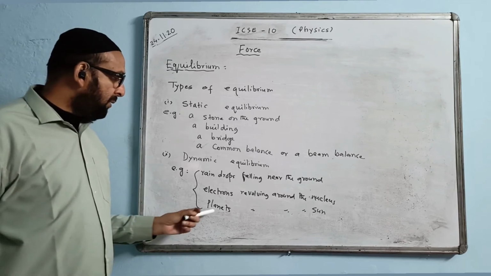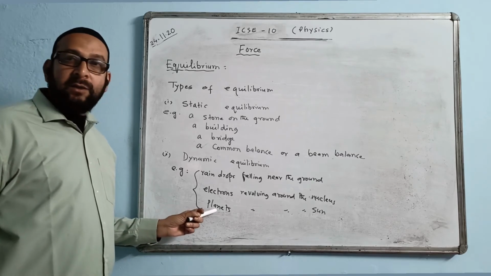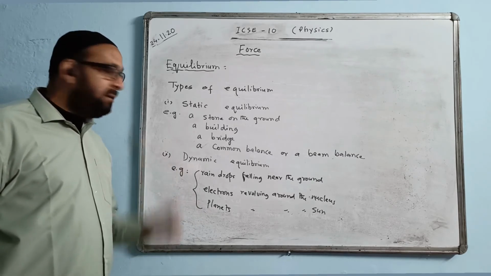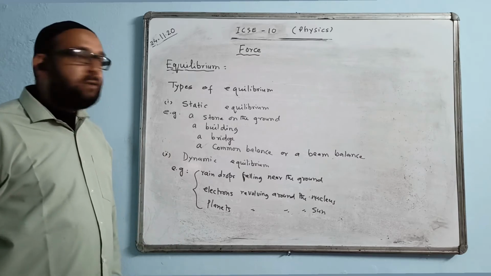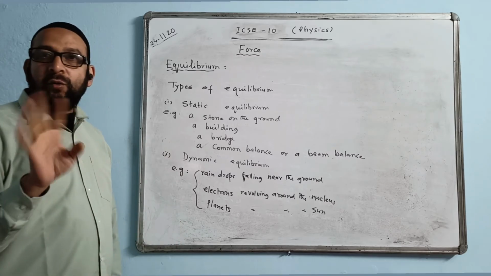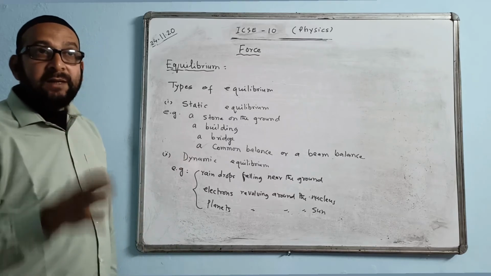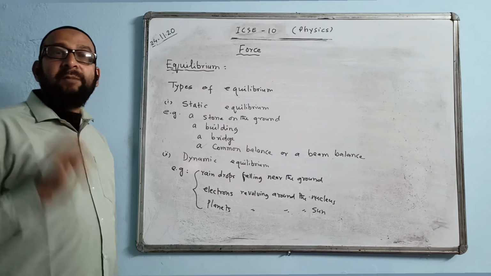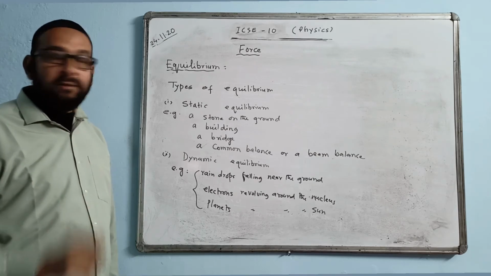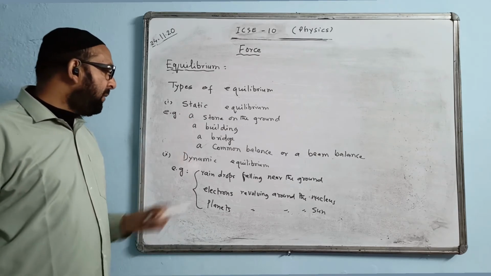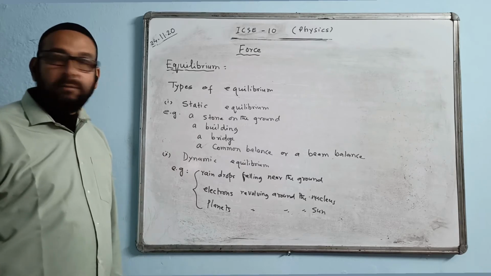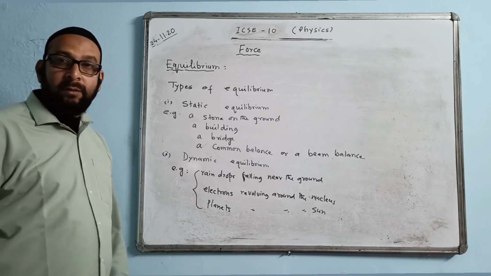What kind of equilibrium are the planets in? We say dynamic equilibrium. So at least one or two examples you should know of each case. Sometimes they may give an example and you have to write down which type of equilibrium the body is in. Is it static equilibrium or dynamic equilibrium? Hope you understood this topic.